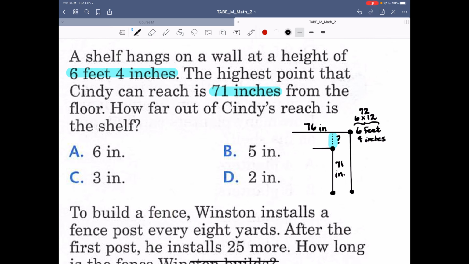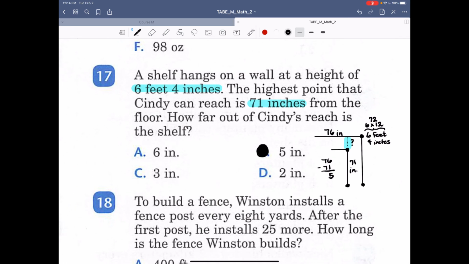Cindy can reach 71, so 76 minus 71 means that the shelf is only 5 inches out of her reach. Not a lot at all. So the answer to number 17 is B.